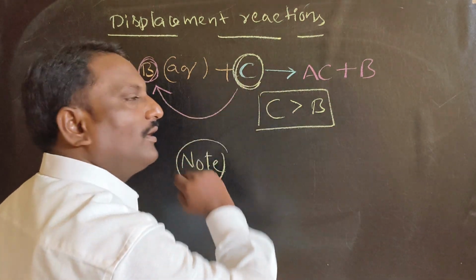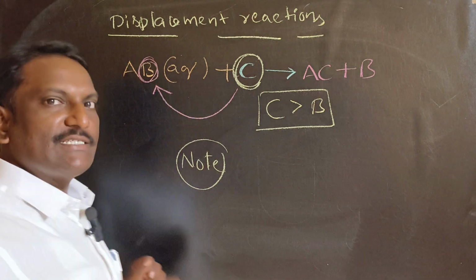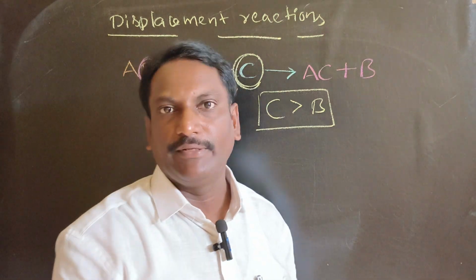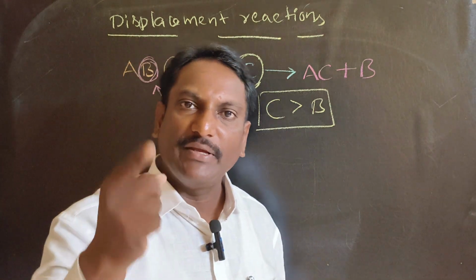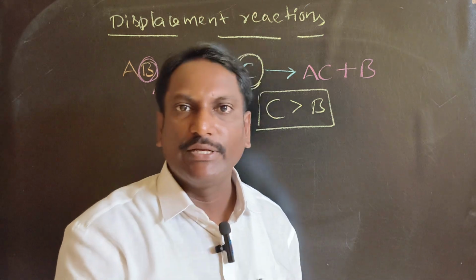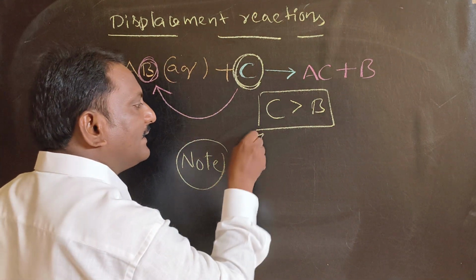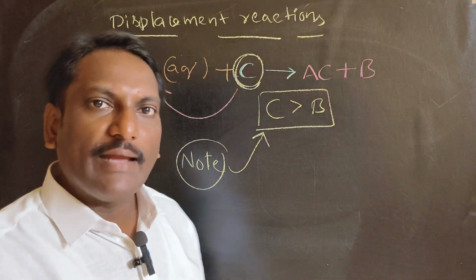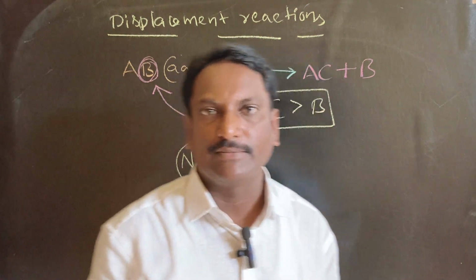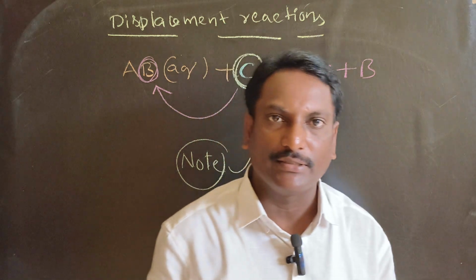This one is the entered one. Here B exists in the solution AB. To occur displacement reaction, entered element must be highly reactive than existed element. It's a very important condition.